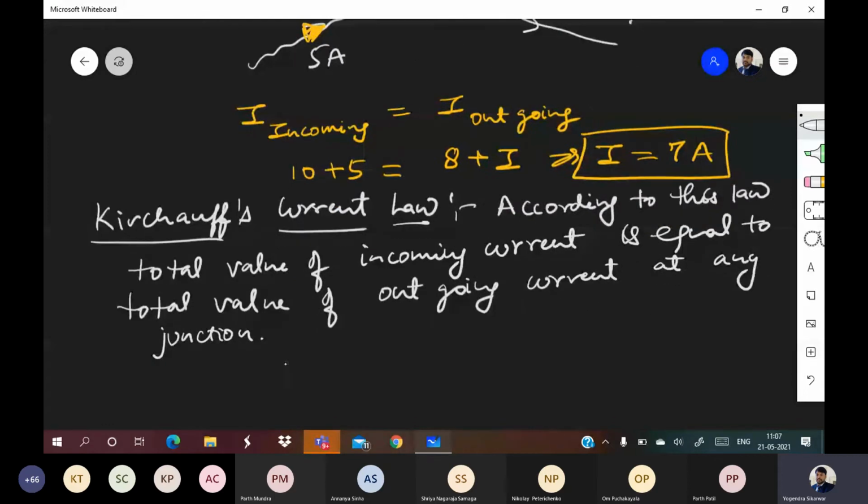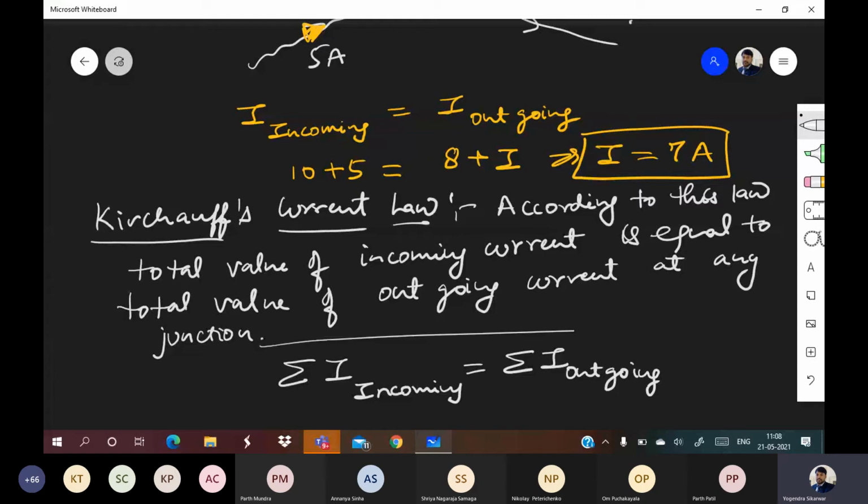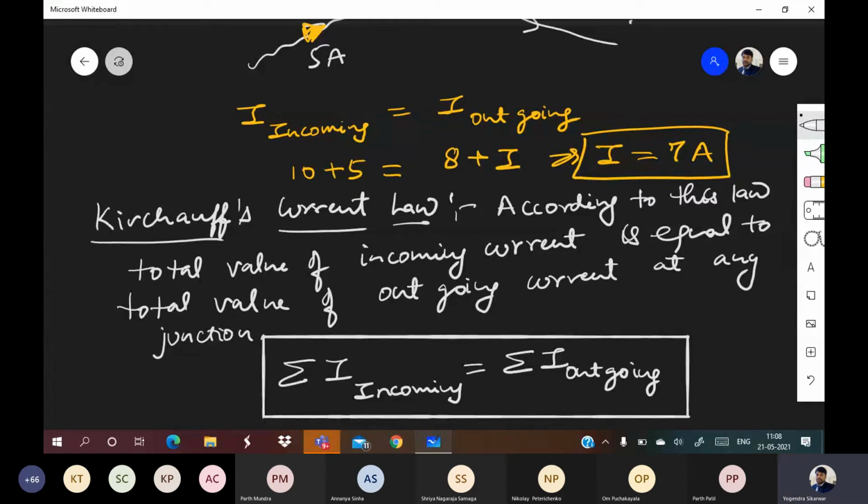So you can write it as sigma I incoming, where sigma is the symbol of summation, is equal to sigma I outgoing. Sigma I incoming is equal to sigma I outgoing.